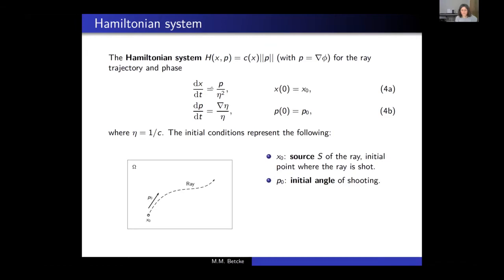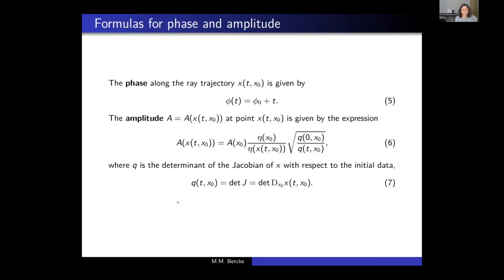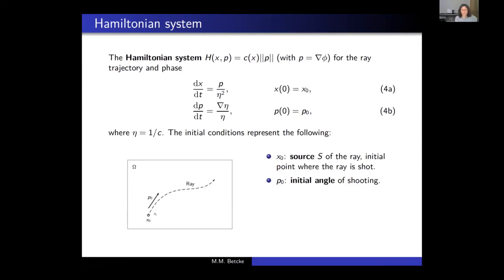It is of course in a higher dimension because it is now in phase space, where you have the direction of the ray, and then you have the parameter along the ray. Okay, so when solving this Hamiltonian system, you obtain the trajectories, and each of those trajectories has some initial data, and this initial data corresponds to the initial point of the ray and the direction in which the ray was shot.